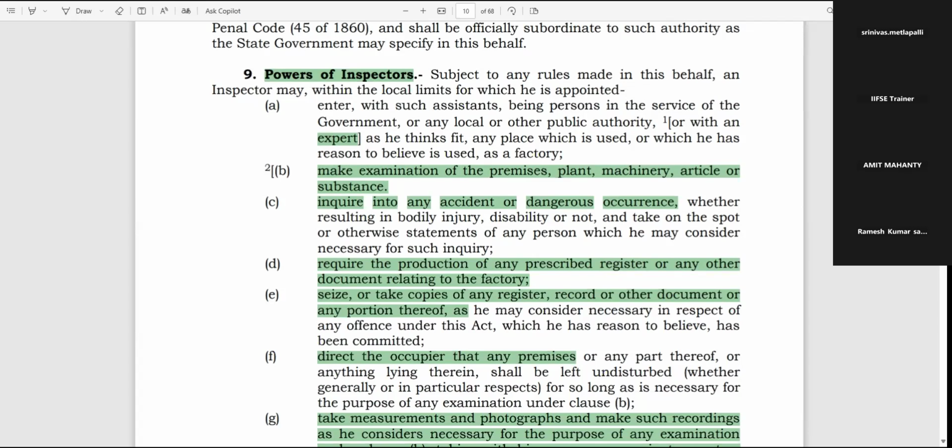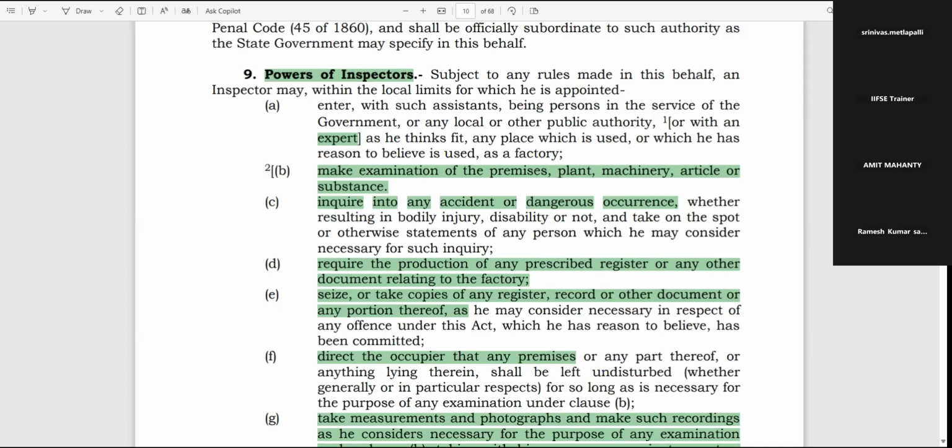The state government or specific authorities will decide which locations or areas can be chosen as a factory. Then make examination of the premises, plant, machinery, article or substances. So they have the power to make examination of premises, plant, machinery, articles or substances.